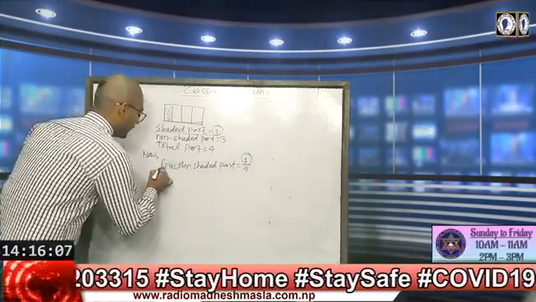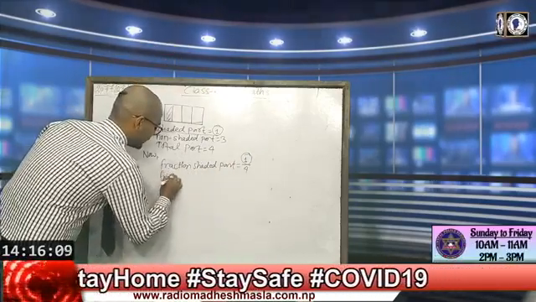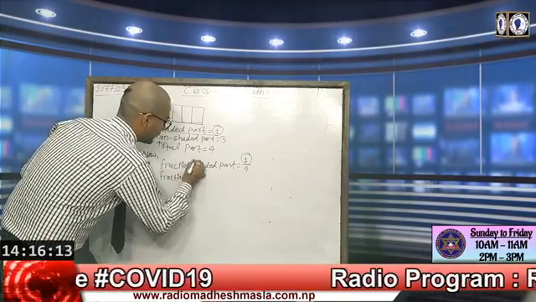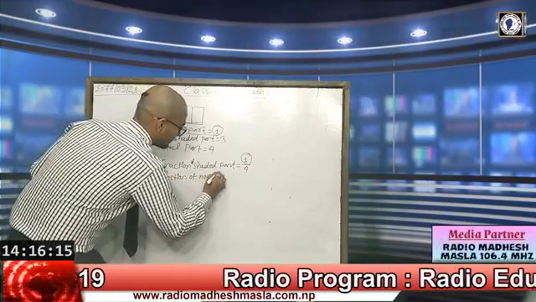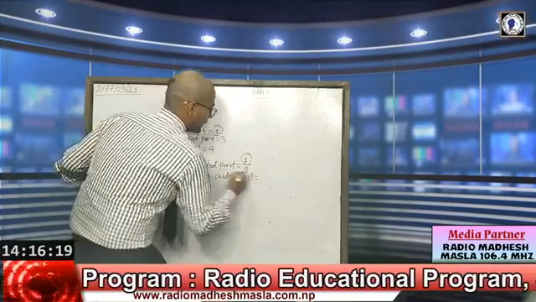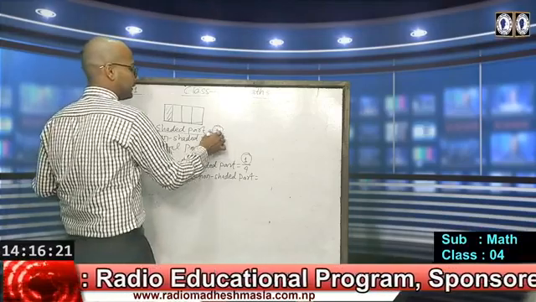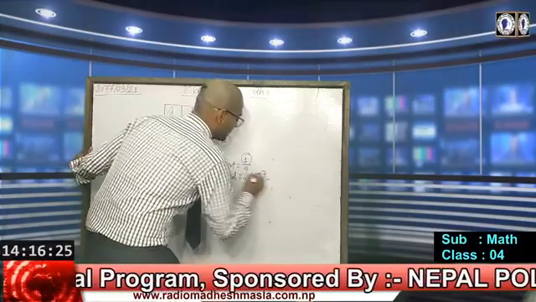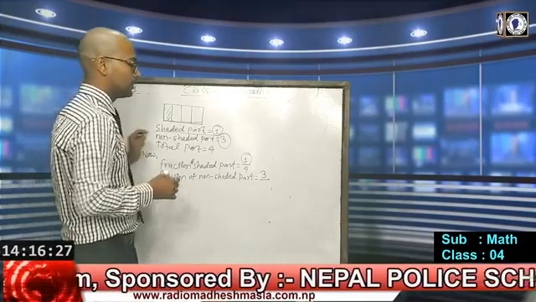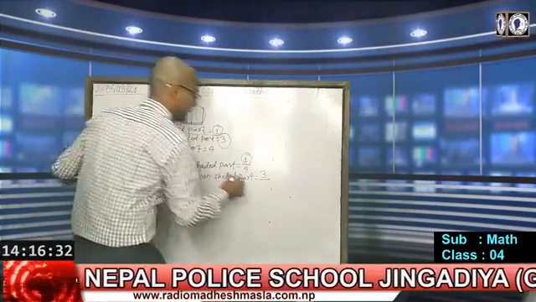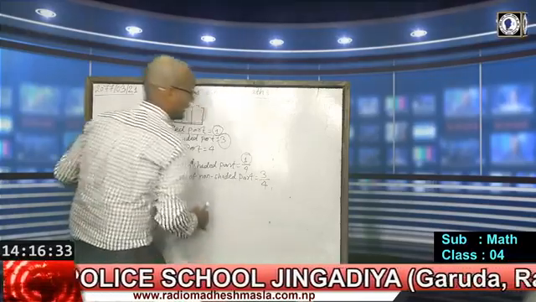In the same way, for the fraction of the non-shaded part, there are 3 non-shaded parts, so 3 is the numerator and the total part is the denominator.